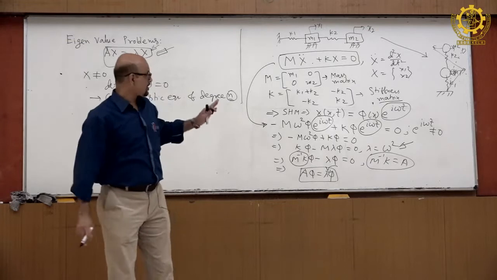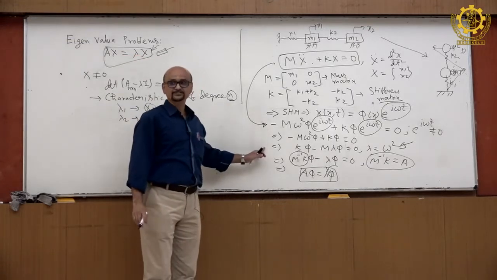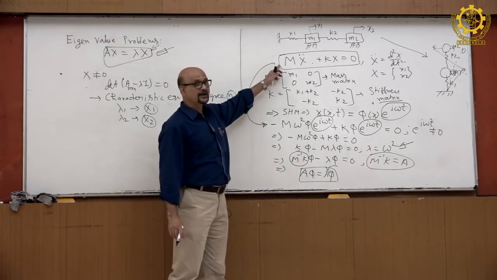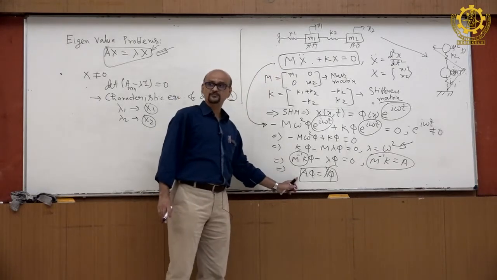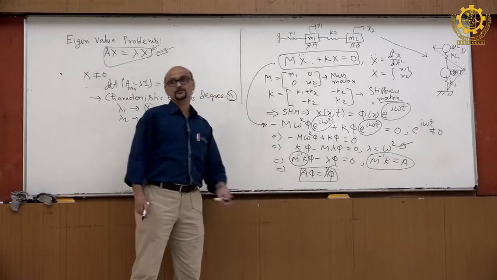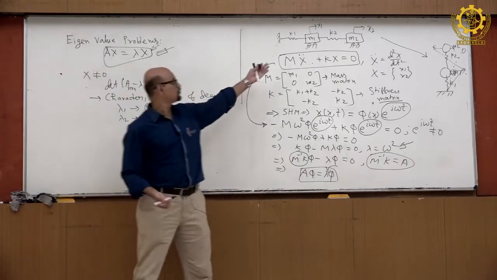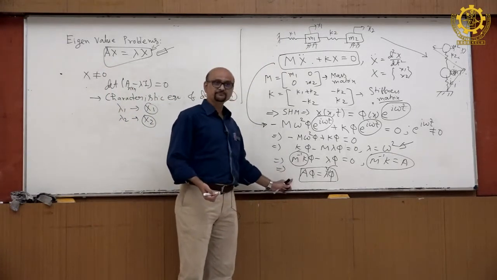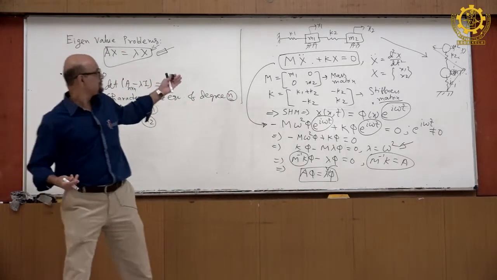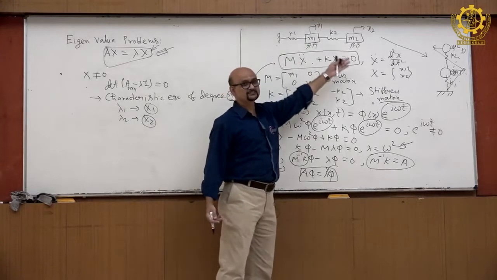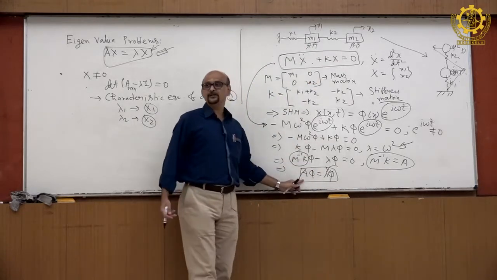So, this is only one example, one application problem where I have shown that this differential equation can be transformed to an eigenvalue problem and the eigenvalue problem then I need to solve. So, for a 2 by 2 matrix I have a 2 by 2 system. If I want to have 50 stories or 50 masses, 50 springs, then you have a 50 by 50 matrix.